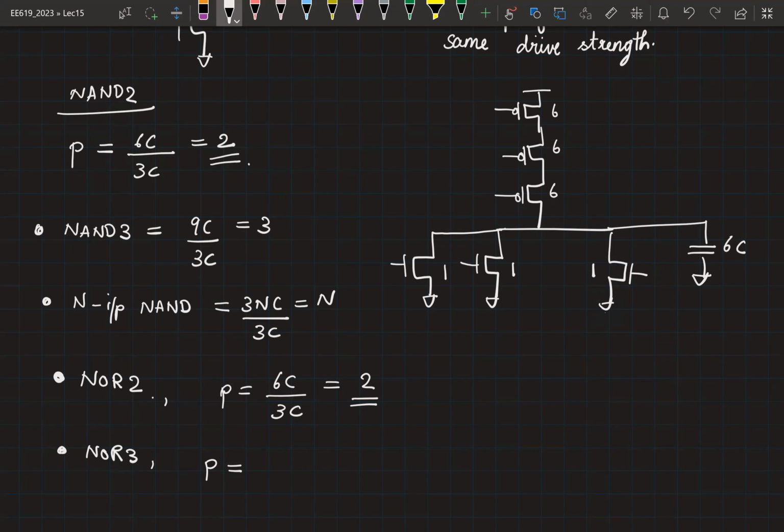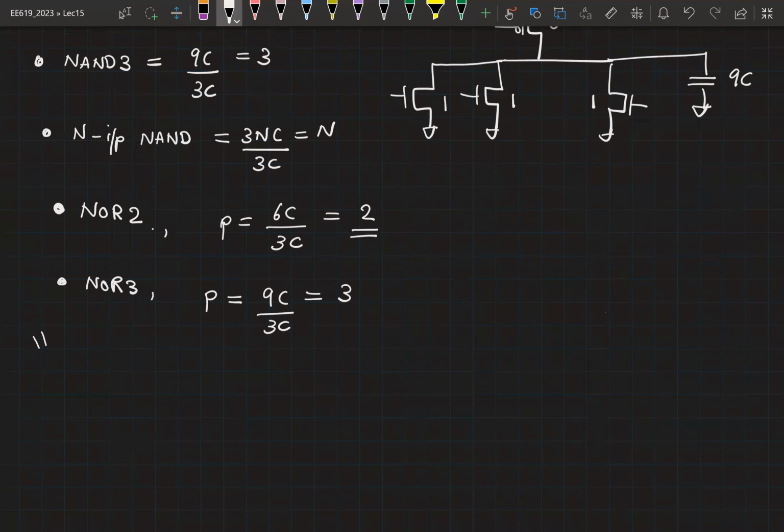So the total capacitance is, so you have 3 here, 6 here, total is 9C. So this equals 9C by 3C equal to 3. So now given any logic gate, you can quickly calculate its parasitic delay. Right? So as homework, you can do this for a NOR N, the N input NOR gate. Figure out.